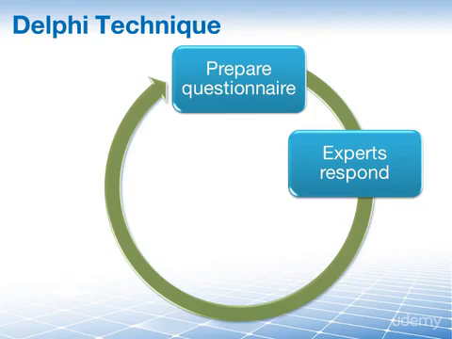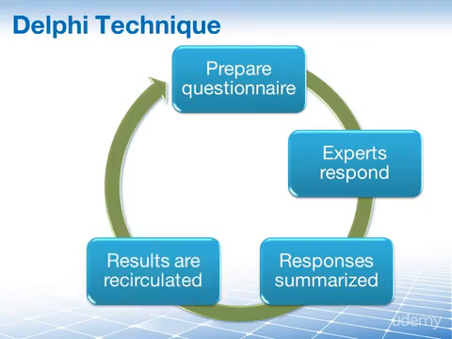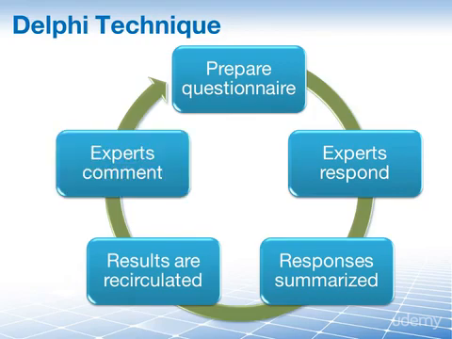The responses are then summarized by the facilitator, again maintaining anonymity, and the summaries are then recirculated to the experts for further comment. A consensus is typically reached after a few rounds of the process, and it can yield some valuable information about project risk.